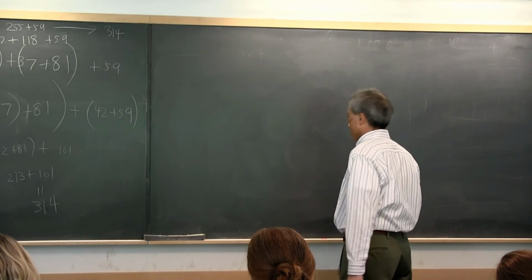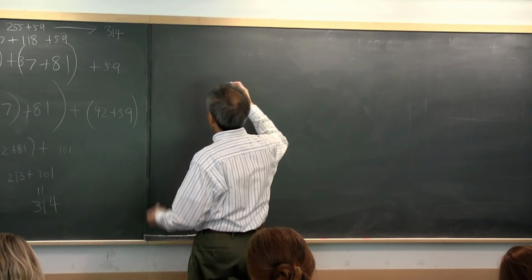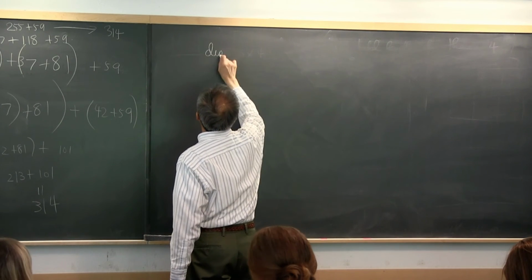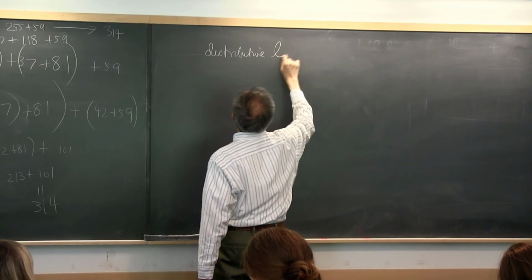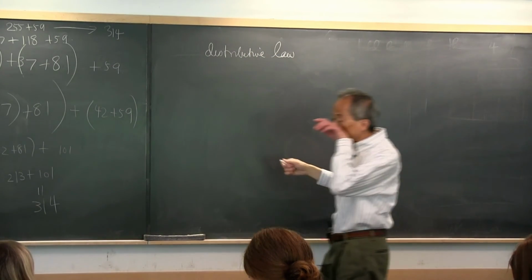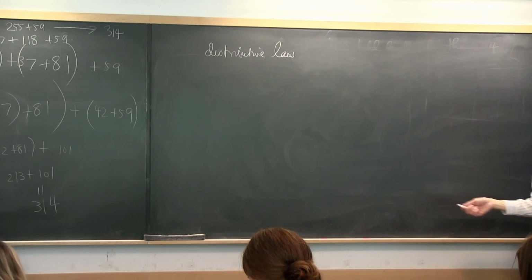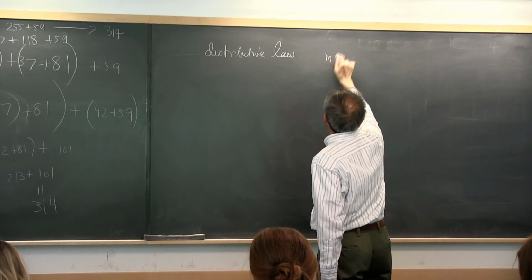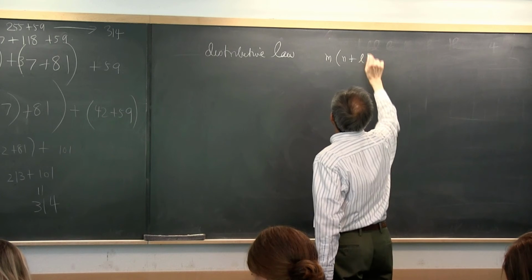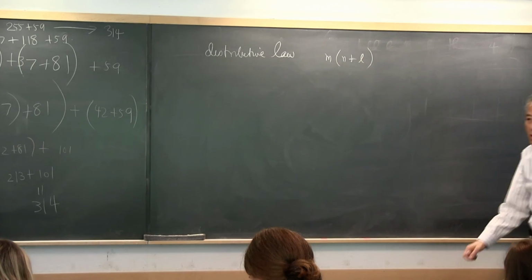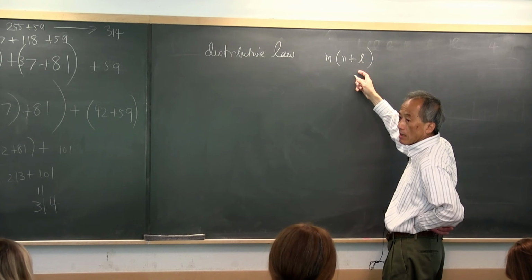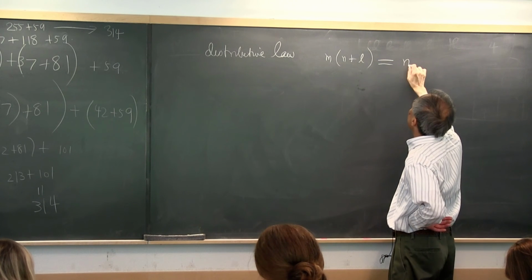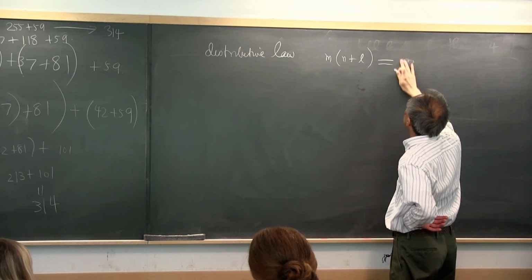So, the distributive law. What it says is that for any three numbers, N, M and L, hold on. Want to multiply this way? Well, we can also do it this way.